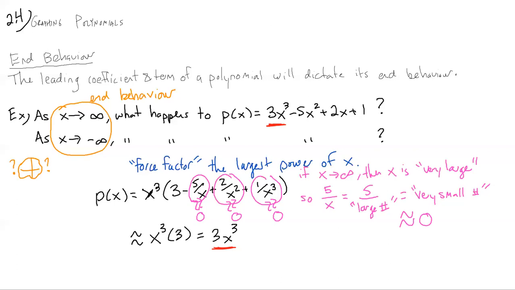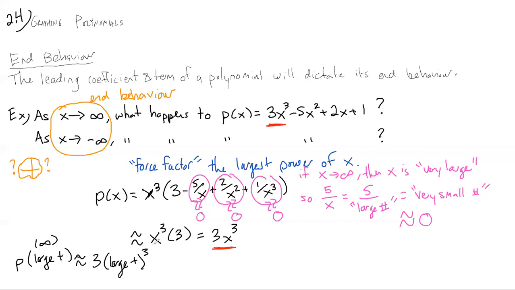So now what I look at is if I do P of a large positive, so that's basically infinity, right? A large positive, I would get, not quite, but basically 3 times a large positive cubed.